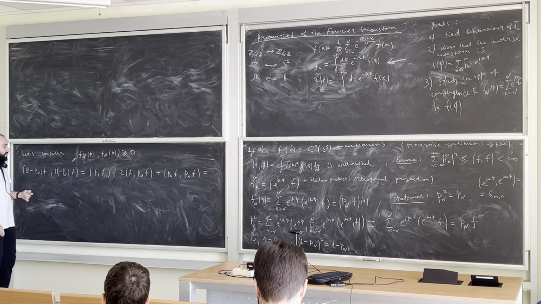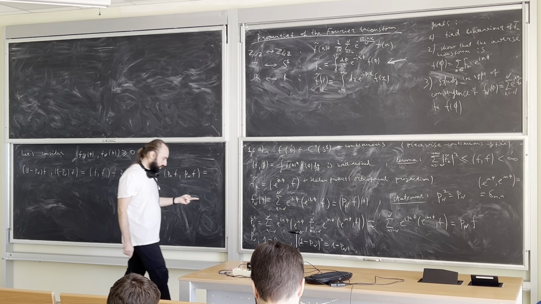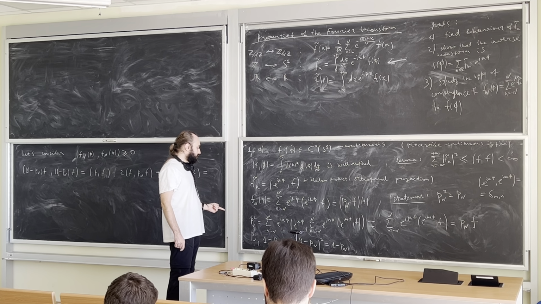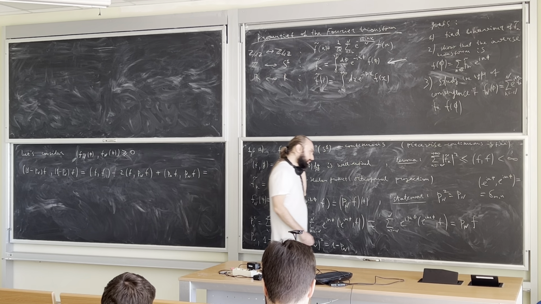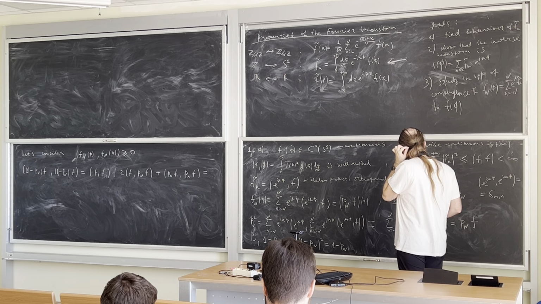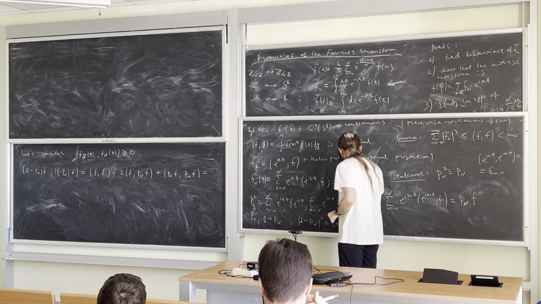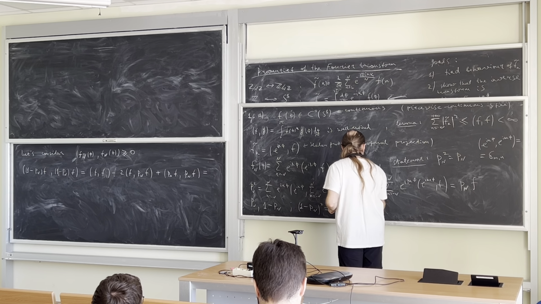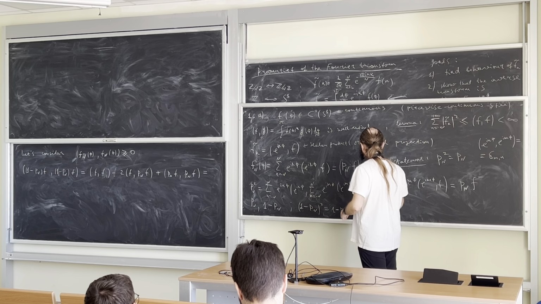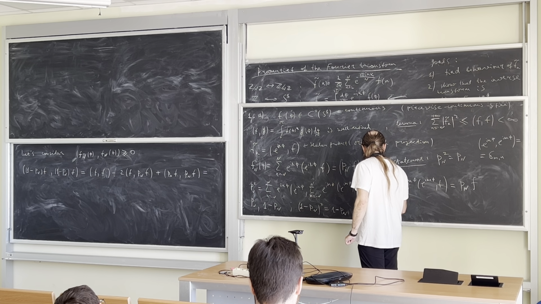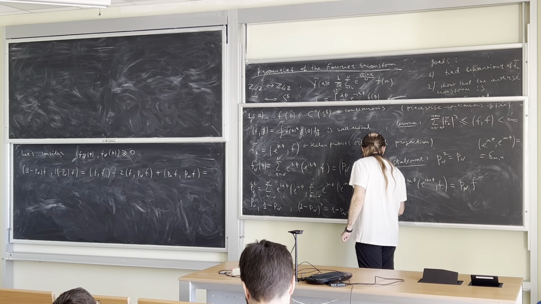Because first, the projector squared is itself, and second, probably I should have told this, there is another property that we can move the projector from the first to the second place in the scalar product.